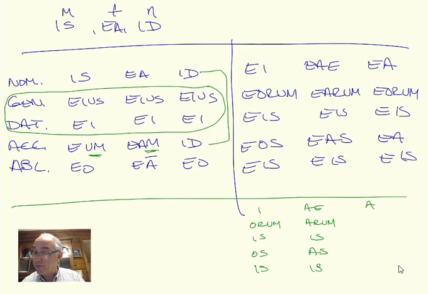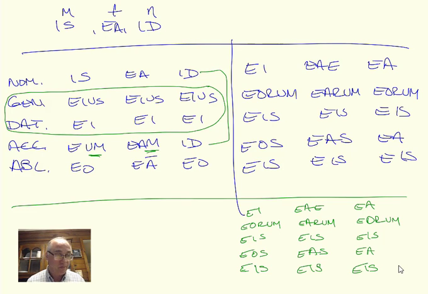Neuter. Those are your neuter plural endings. How do you form the plural of is, ea, id? Just add an e in front of all of these endings. Ei, eae, ea, eorum, earum, eorum, eis, eis, eis, eos, eas, ea, eis, eis, eis. So that's that.